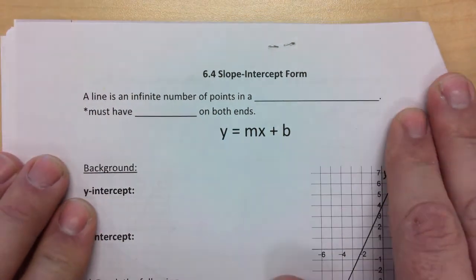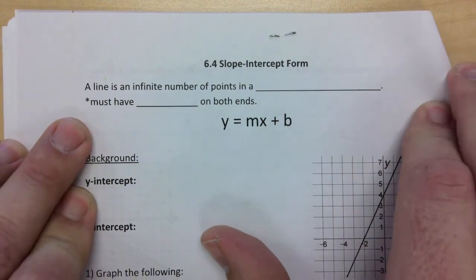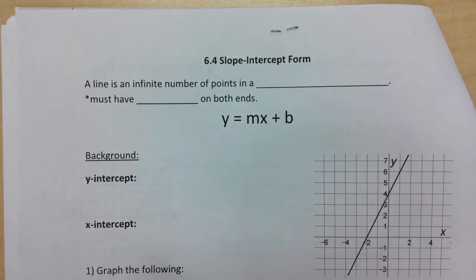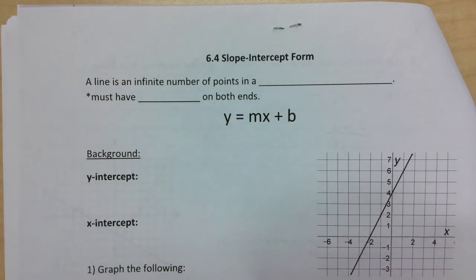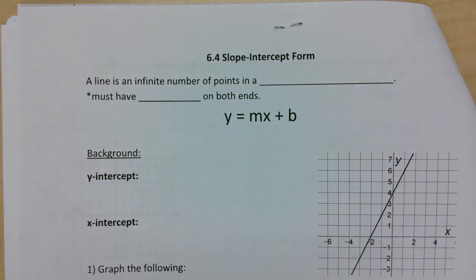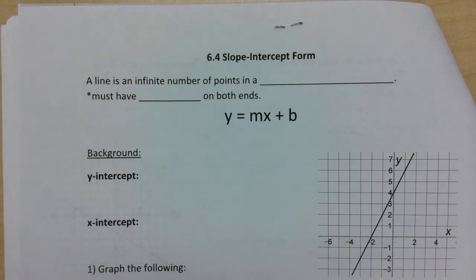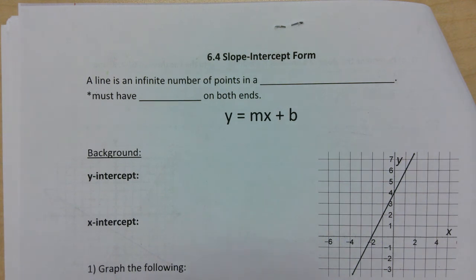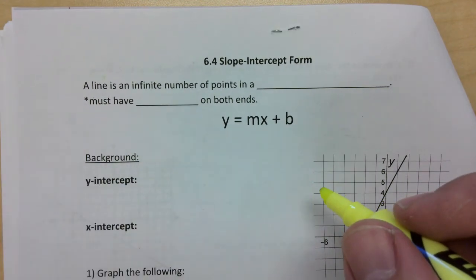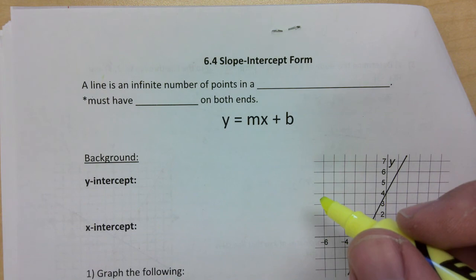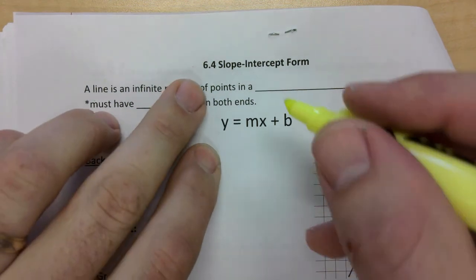Okay, so 6.4 here. If you have a highlighter, I would probably recommend you taking it right now. I'm going to talk about some important concepts here. So there are three forms of the linear equation.